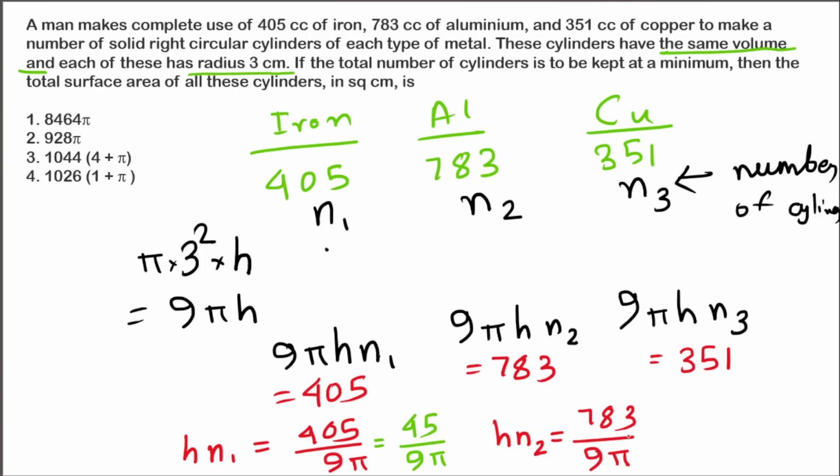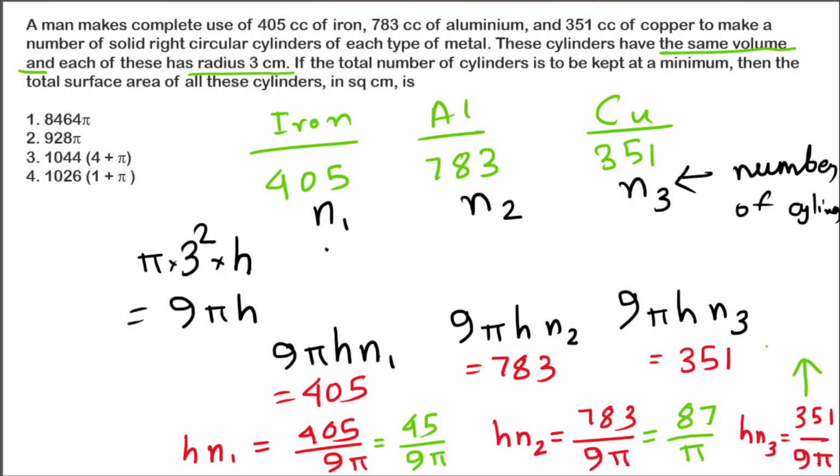So if you calculate this, it will come out to be 87 by pi, right? Similarly, your hn3 would be 351 by 9 pi, right? 351 by 9 pi. And if you calculate this, it will turn out to be, I'm just writing it here.